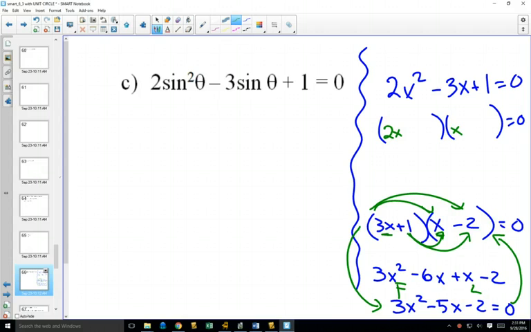What about your last one? It's a 1. What are your only options to multiply to get 1 if they're nice numbers? 1 and 1. And the last thing you're going to look at is, should the signs be positive or negative? Because your outside values and your inside values have to go together and give us negative 3 in this case.